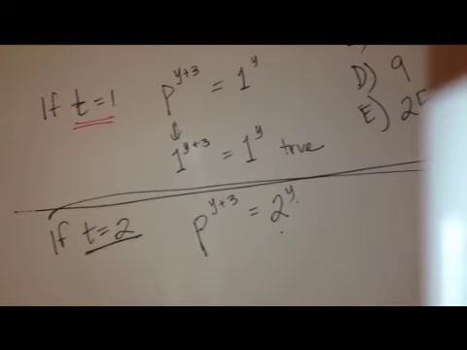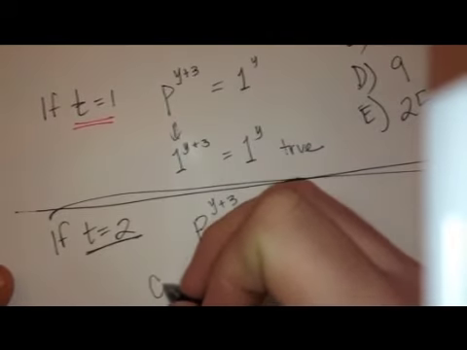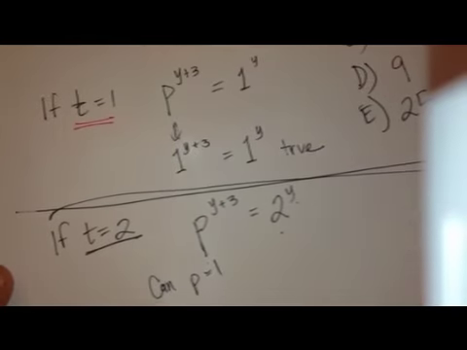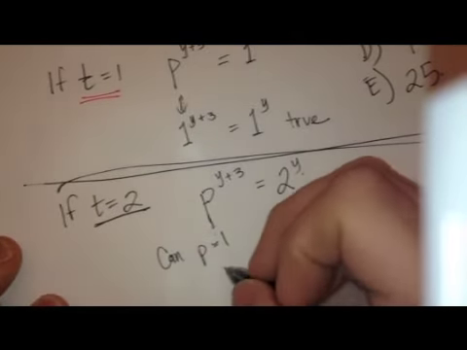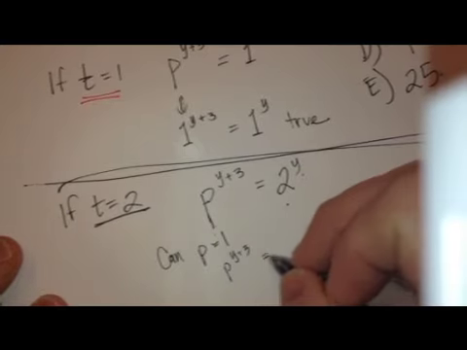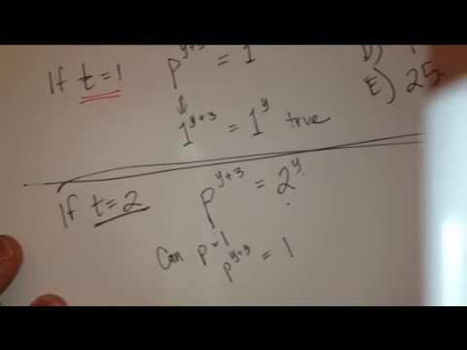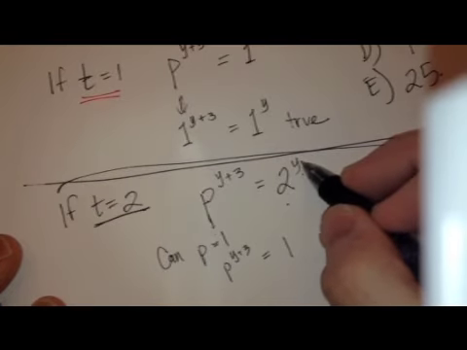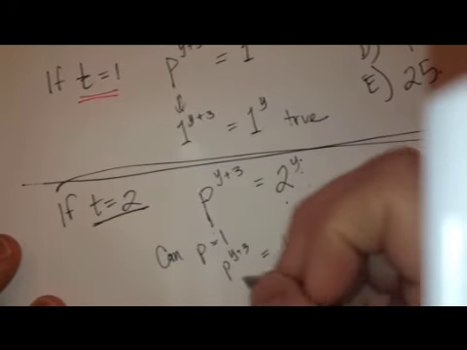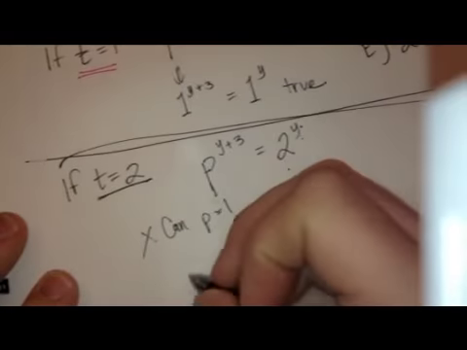So then what could p be? Can p equal 1? No, because then p to the y plus 3 would equal 1. That would only work if y was equal to 0. So p can't equal 1.